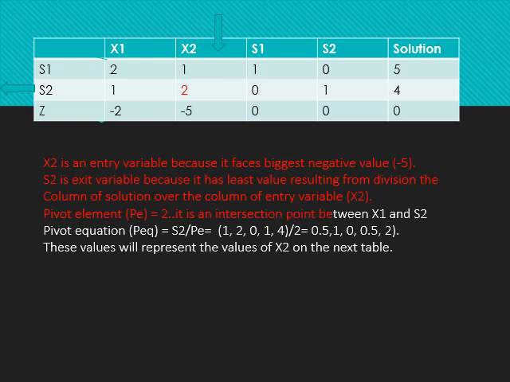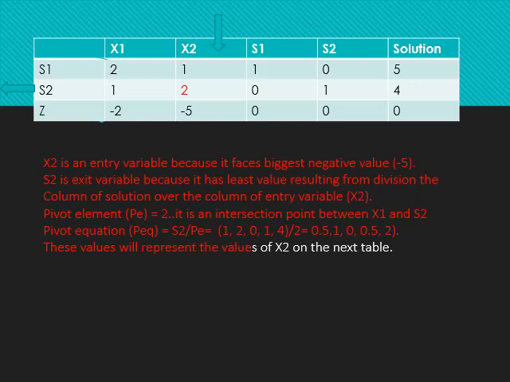Now x2 is the entry variable because it faces the biggest negative value in the row of z. x2 faces negative 5.